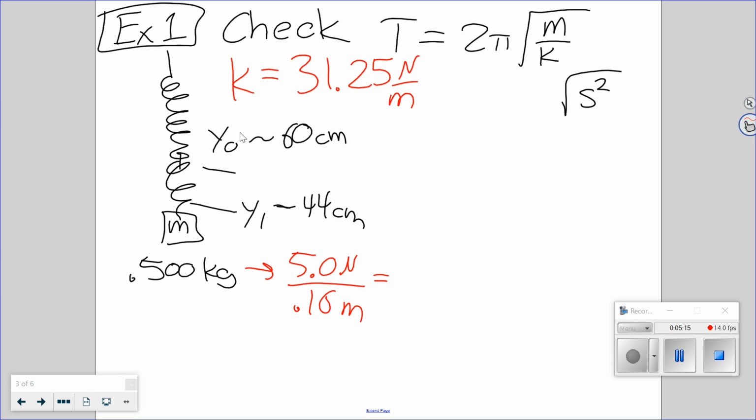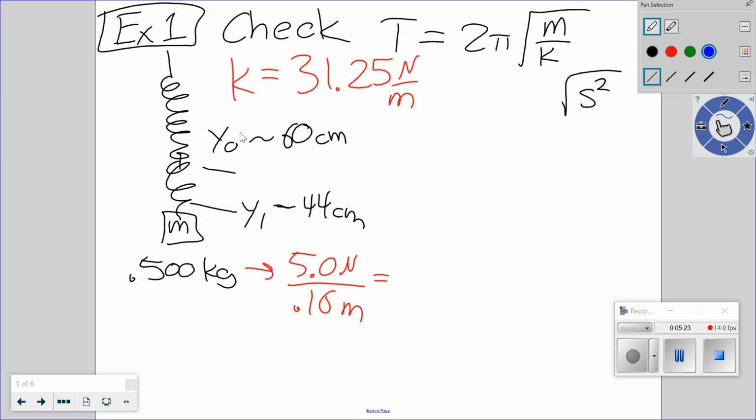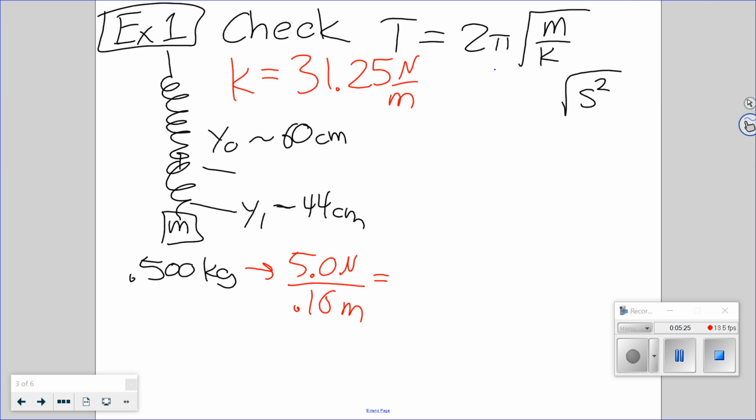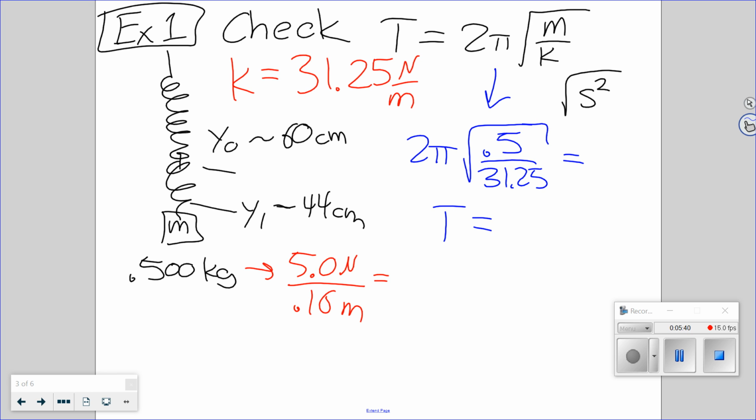Okay, so the formula predicts then that I should have to take 2 pi. Now why on earth is there a 2 pi? Times the square root of 0.5 divided by 31.25.